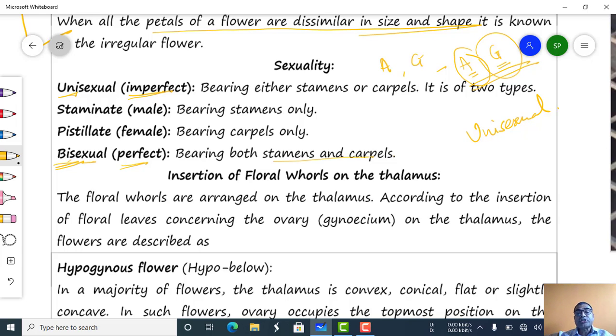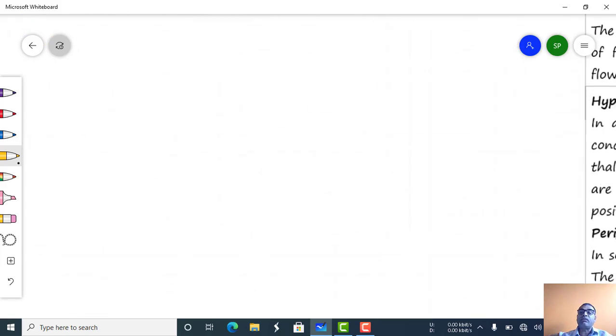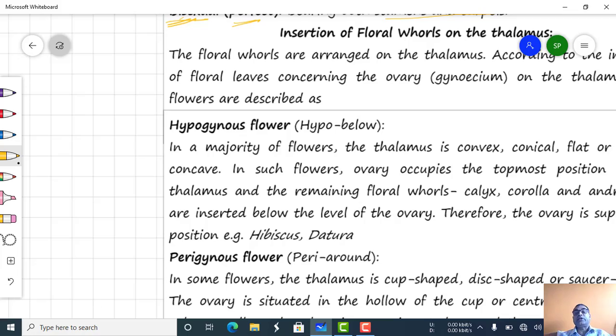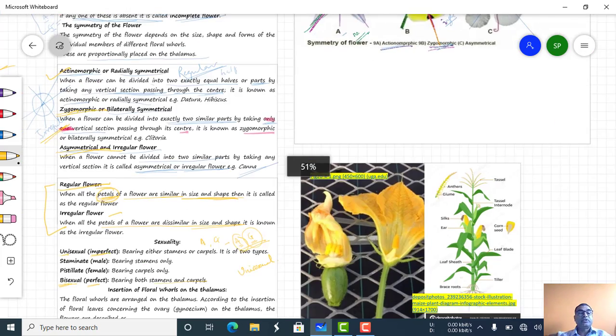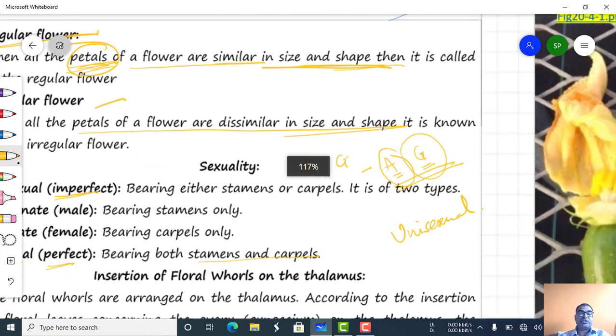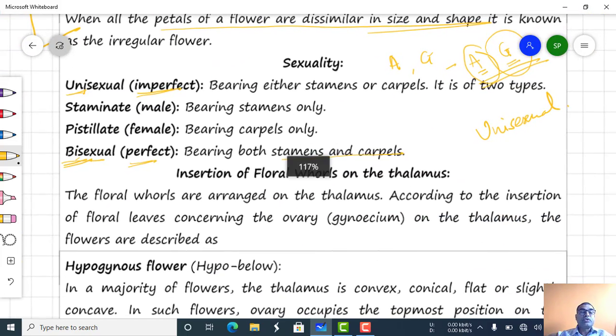It bears both stamen and carpel. That means the whole of androecium and the whole of gynoecium is present. Therefore, it is called a bisexual flower. Okay, so bisexual: presence of androecium and gynoecium. Unisexual: either presence of androecium or gynoecium.